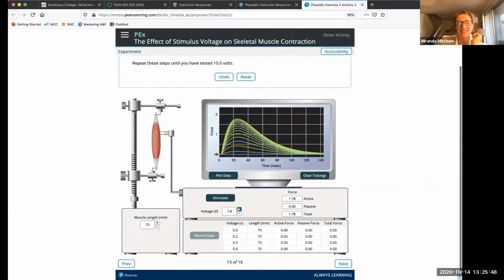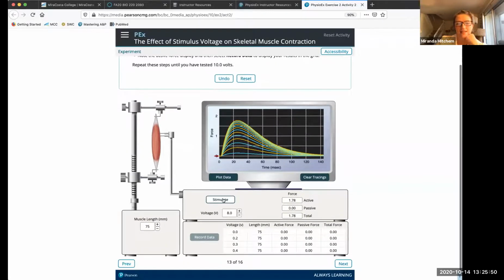Yeah, those lines are starting to touch each other. We're almost done with this one. 8.5. Got 3 more tests.